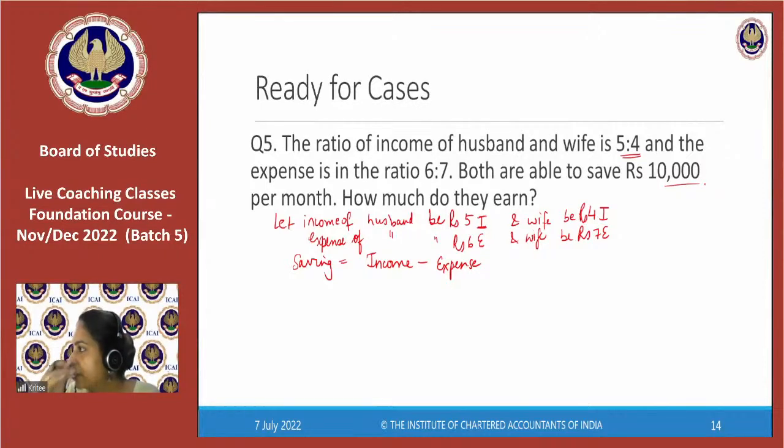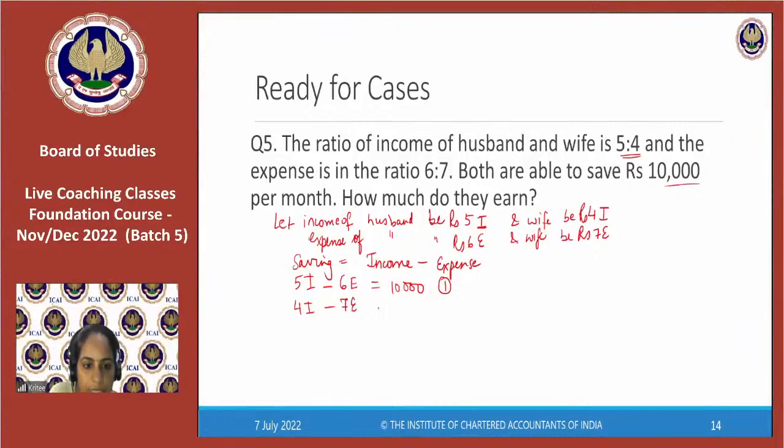We will discuss the other questions, please. So saving will be income minus expense. 5I minus 6E will be equal to 10,000. That's the first equation. Same way, 4I after doing an expense of 7E saves 10,000. These are the two equations.